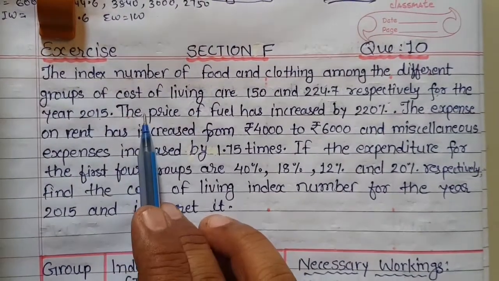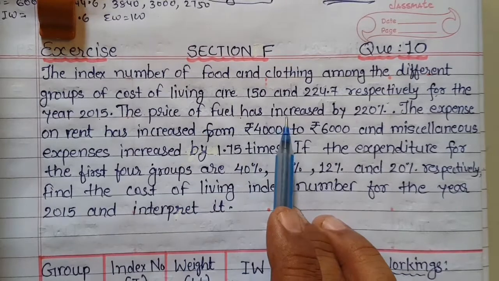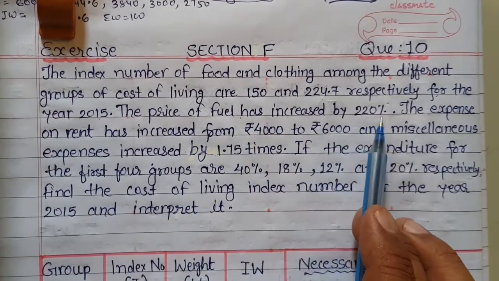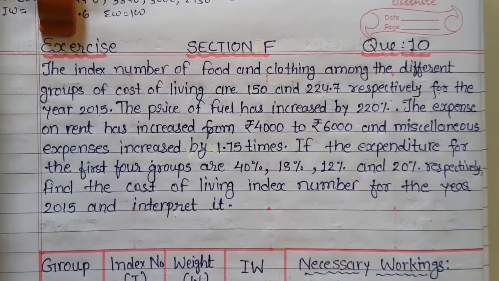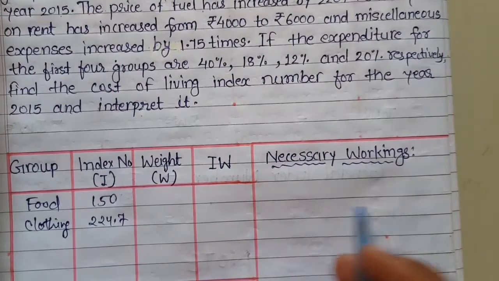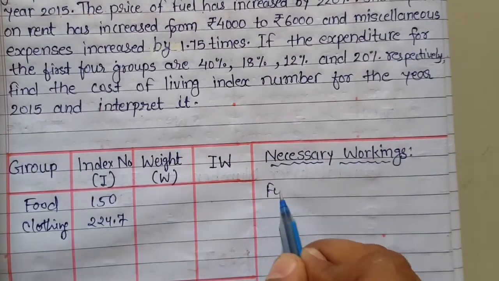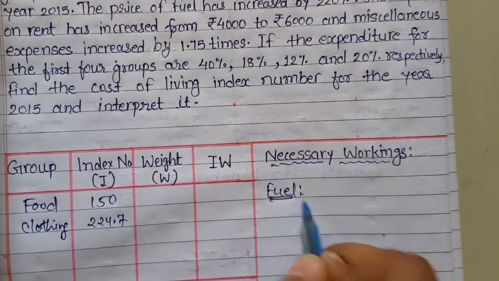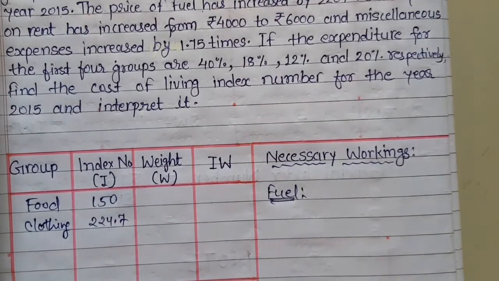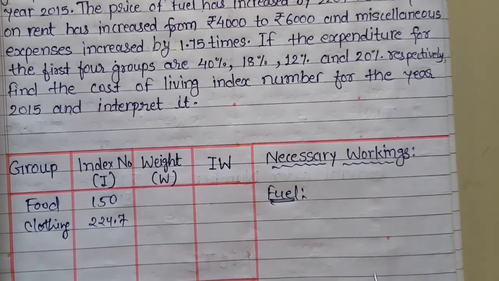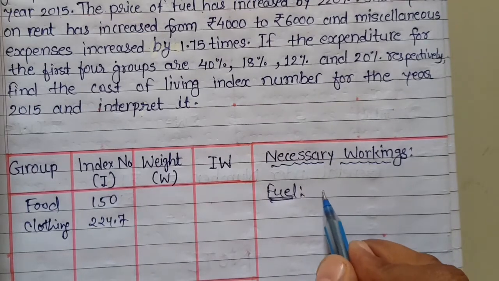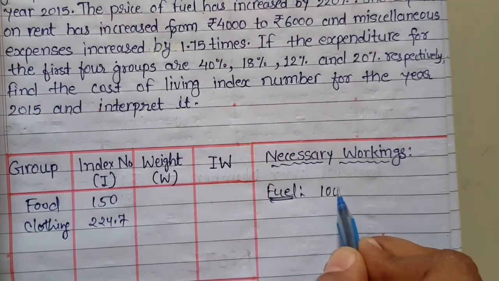Now the price of fuel has increased by 220%. So friends, I am showing here the necessary workings for fuel. They have said that the price of fuel has increased by 220%. So suppose the earlier price was 100.